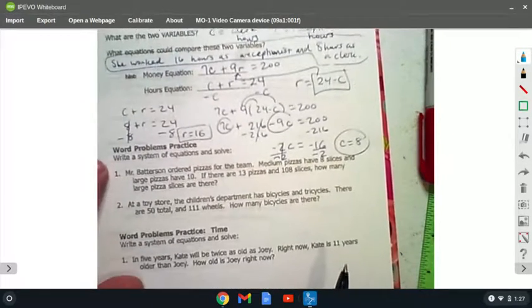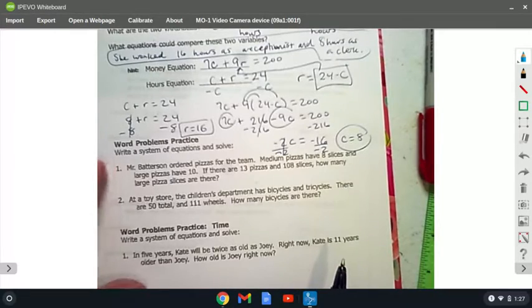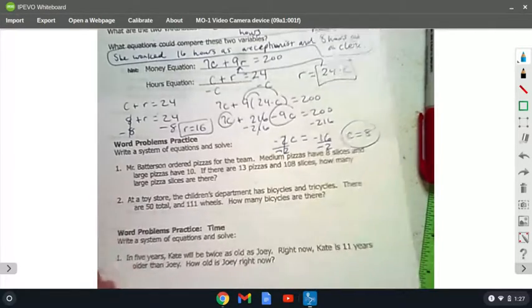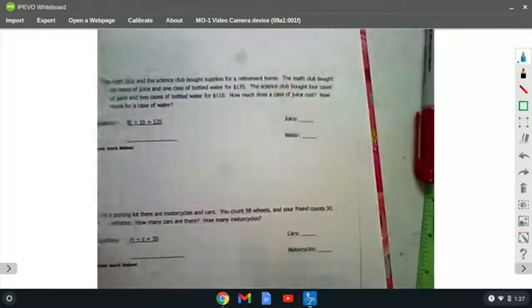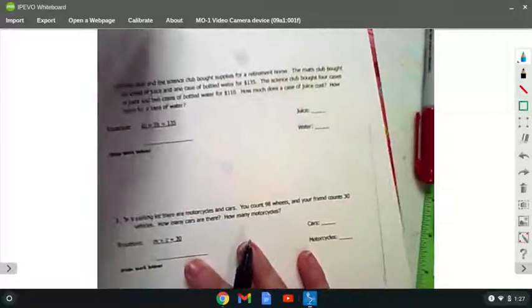These are some practice problems that you guys are going to work on. I want to go over one more word problem from here, because you guys are going to do quite a few practice problems.